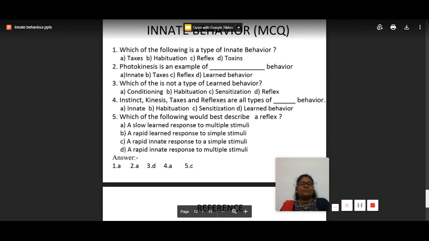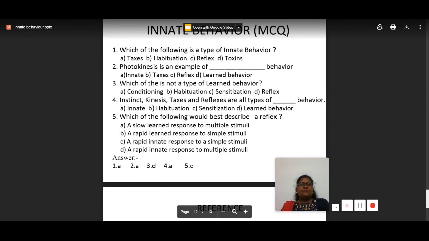The fourth MCQ question: instinct, kinesis, taxes, reflexes are all types of which behavior? The options are innate, habituation, sensitization, and learning. The fourth answer is innate behavior.